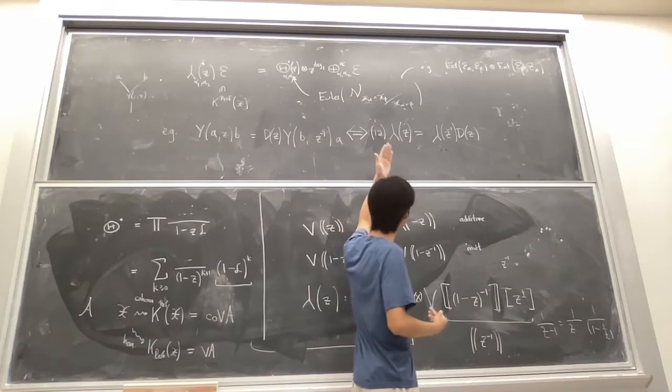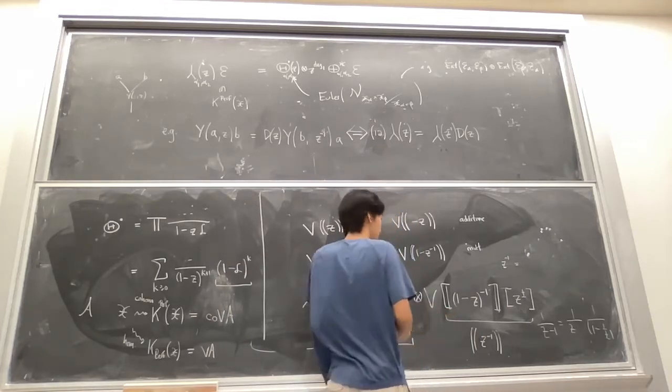It's forced on you the moment you write down some axiom like this to have some trivial braiding operator.